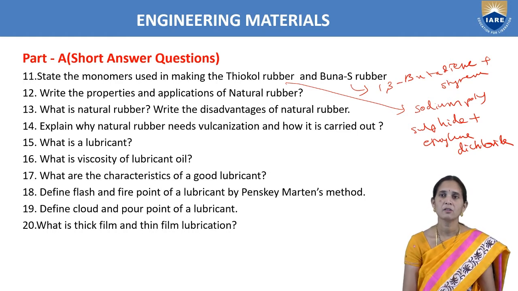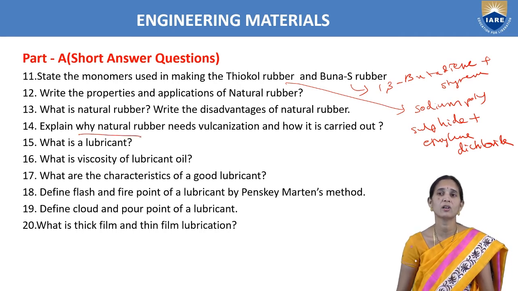Now explain why natural rubber needs vulcanization and how it is carried out. So why do we have to go for the vulcanization process? You have to write why. Because natural rubber is a soft rubber.